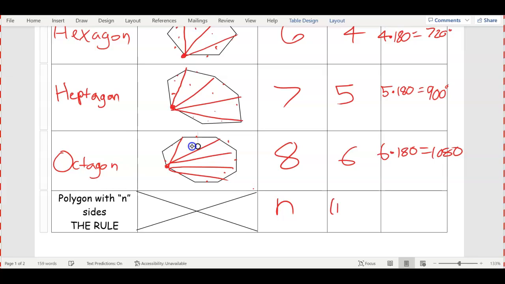N minus 2. And we already said this on the last column. Every time, what are we doing with that number? We are multiplying it by 180. So our final rule is going to be n minus 2 times 180.